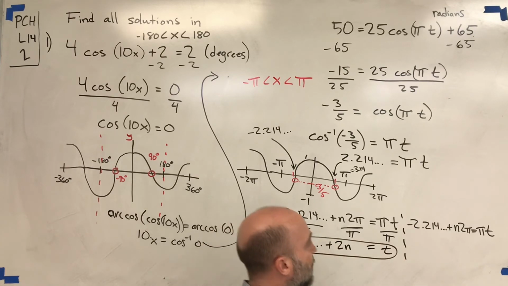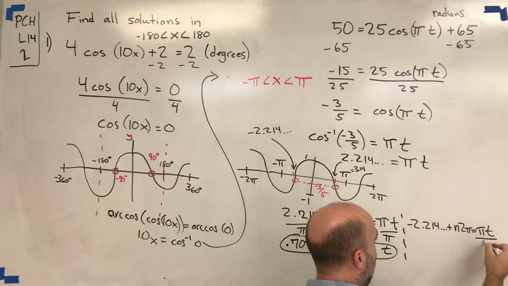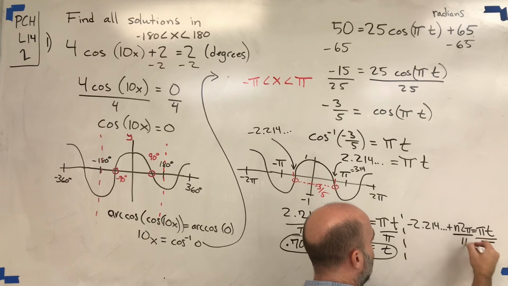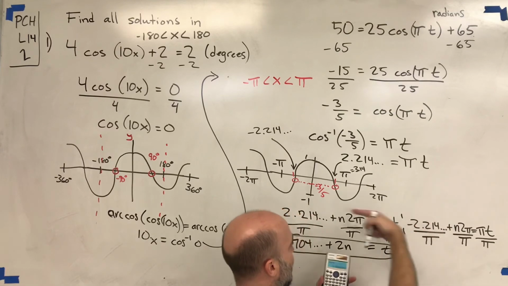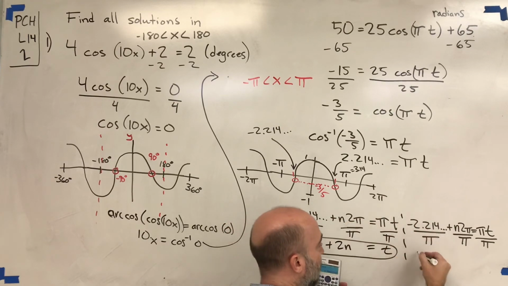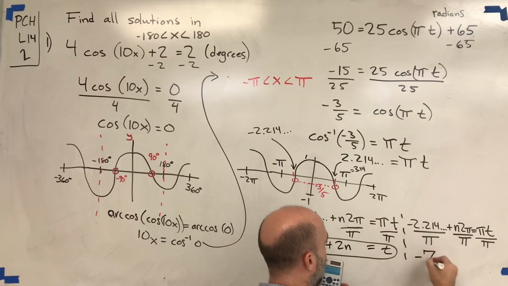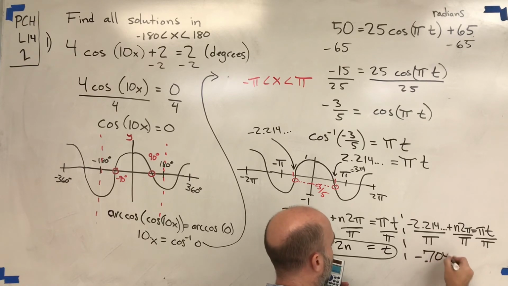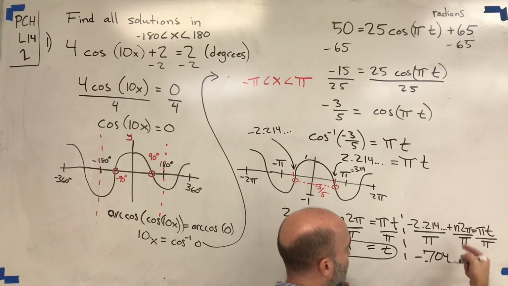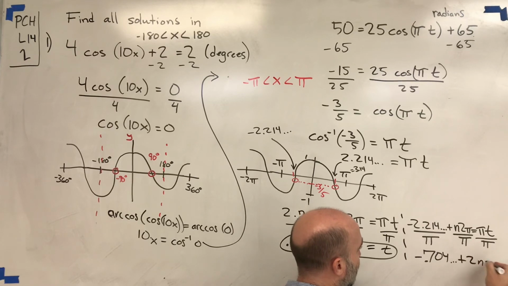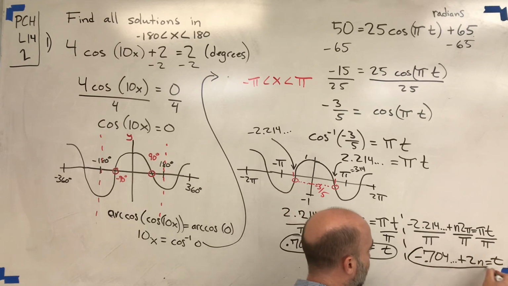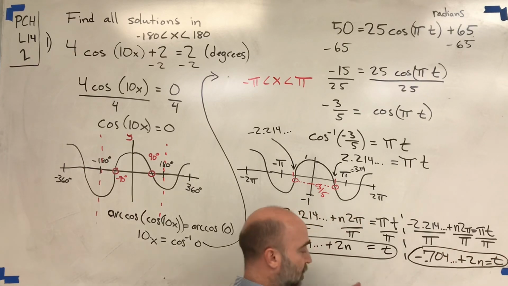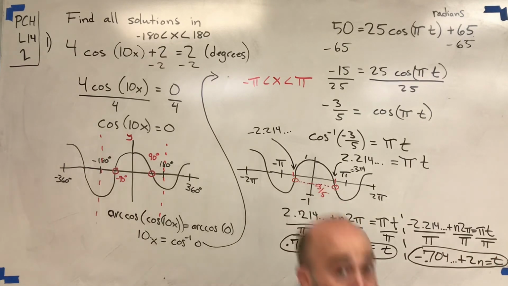The other solution, done in the same way, divide by pi. What you do to one side, you do to the other side. I like doing it term by term, that's easier. This is exactly the same thing as this one, just negative, so that's negative 0.704 dot dot dot plus our 2n. That equals t. And there's our second solution. So that gives us all the repeating solutions on both sides.